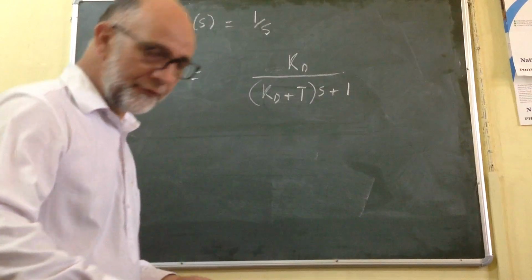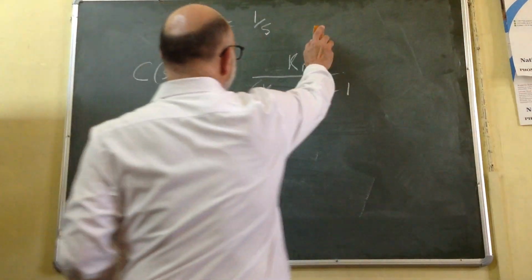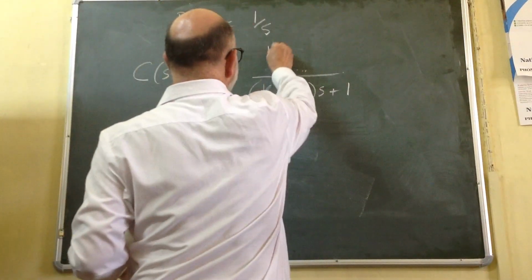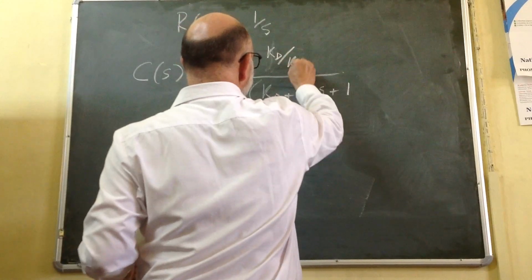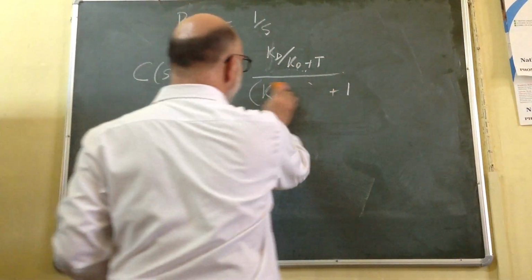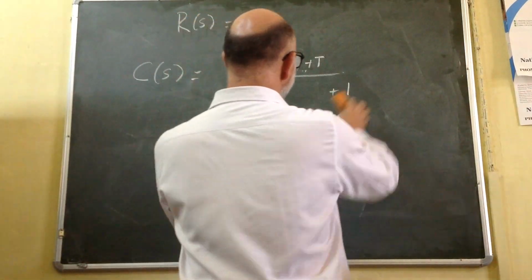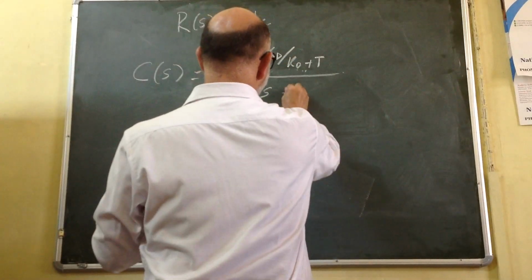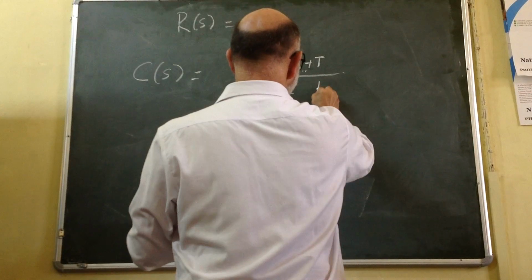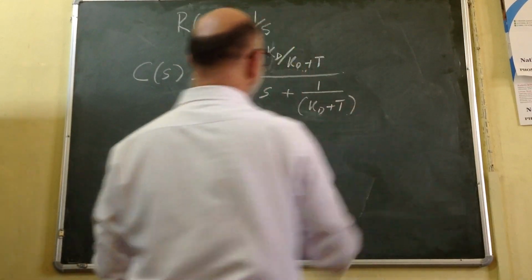But before that, I'll make a few simplifications. What I'll do is divide by this term, that is KD divided by KD plus T. So what I'll have here is just S, and this term will now be 1 over something.